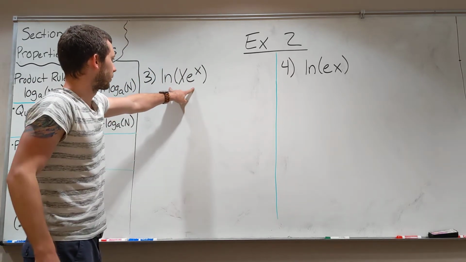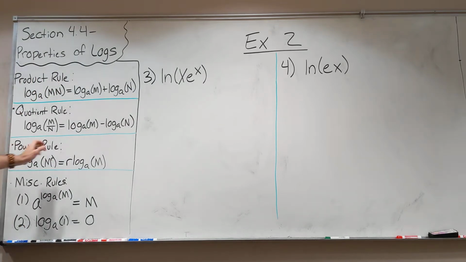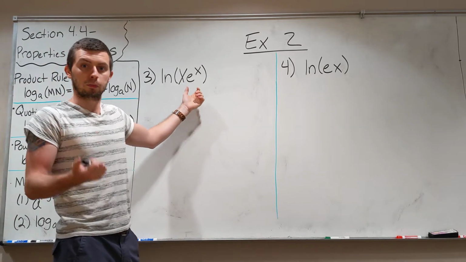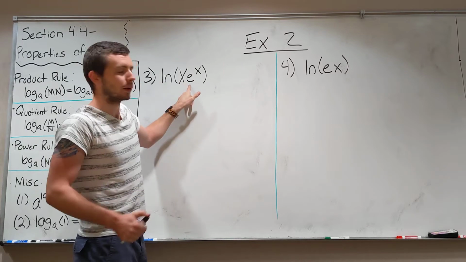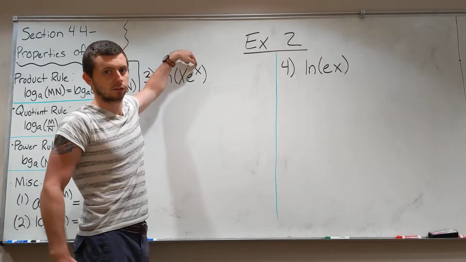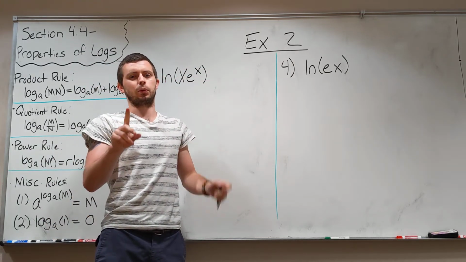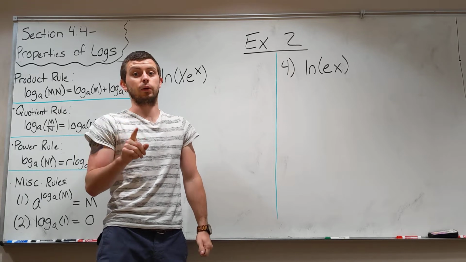So we look at this, and we compare this to the rules we have. So there's a product, x times e to the x, but there's also a power, e to the x. So there's two rules at play here. We've got to figure out which one to use first, because that does matter.